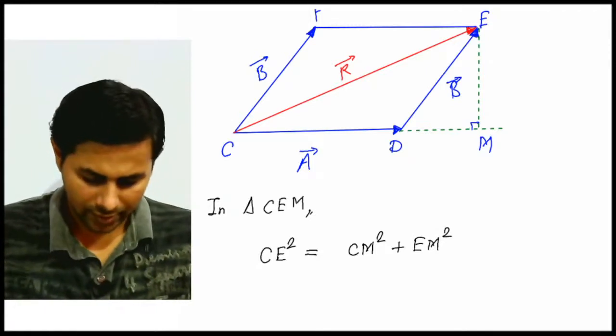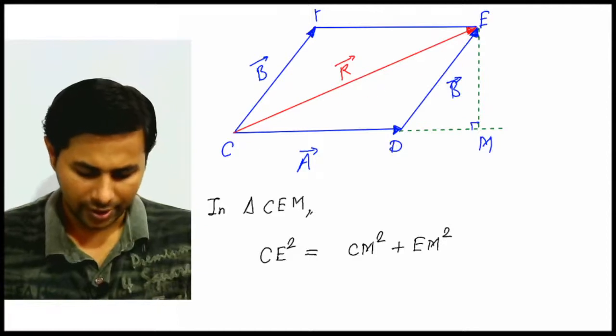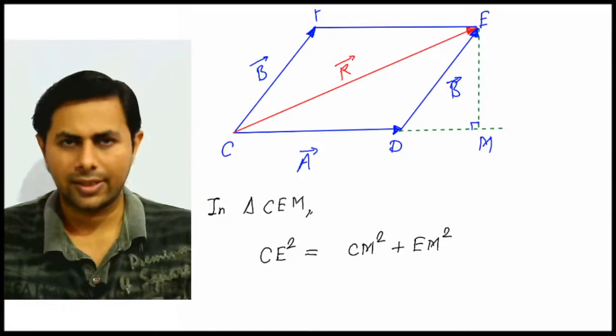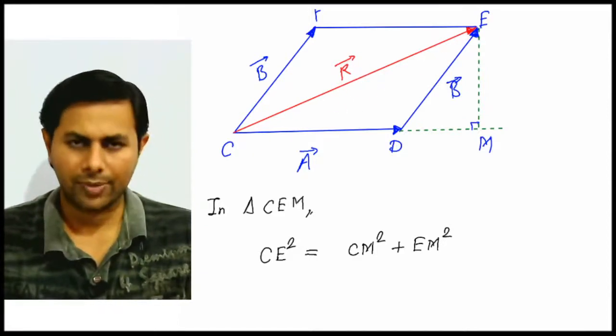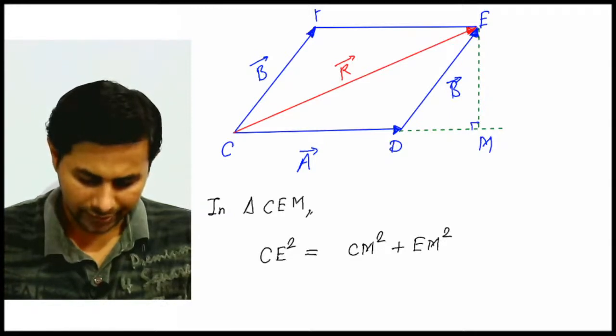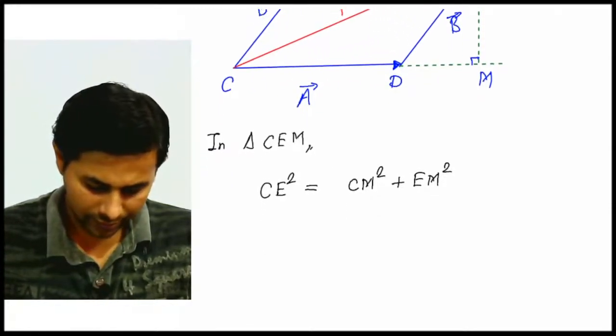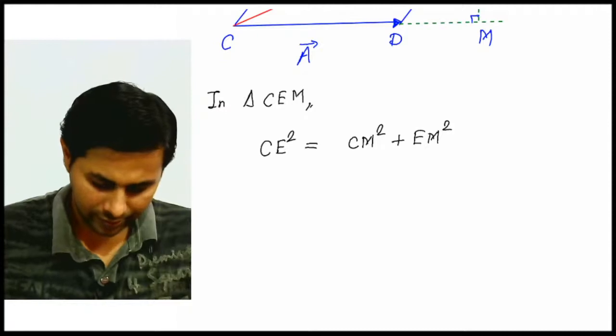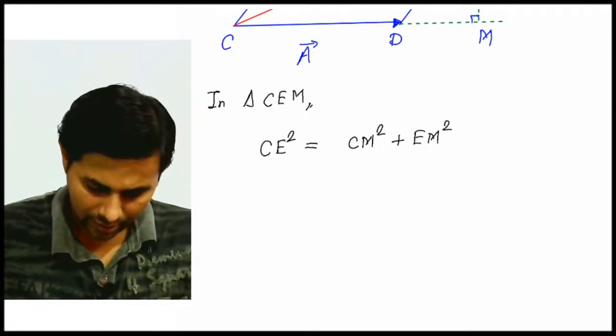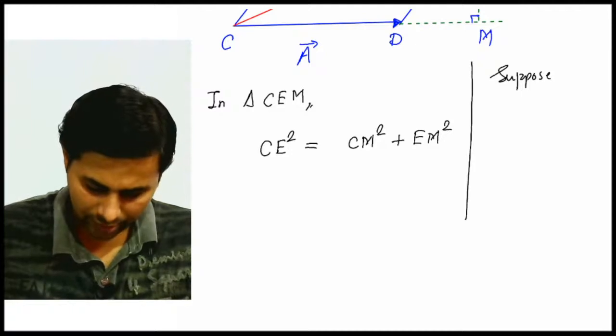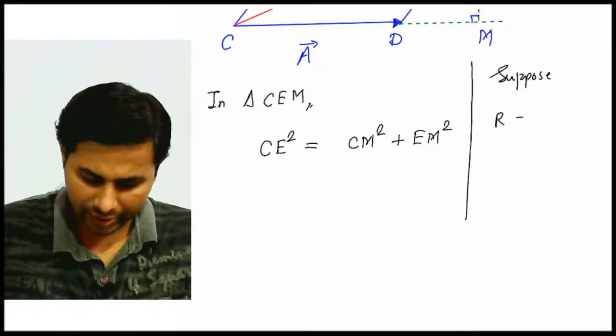Now if we see over here, the length of this side CE is magnitude of R bar. Suppose that R is equal to magnitude of R bar.